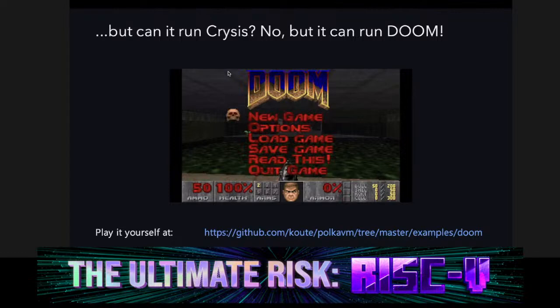But everything else runs inside of the VM, and you can play through the whole game like this. Here's a link. You can git clone the repo and play it yourself if you want. And we also run Doom on our CI. So on every commit, we actually check that Doom still runs and that it works correctly. So we are probably the only VM in existence which runs Doom on its CI.